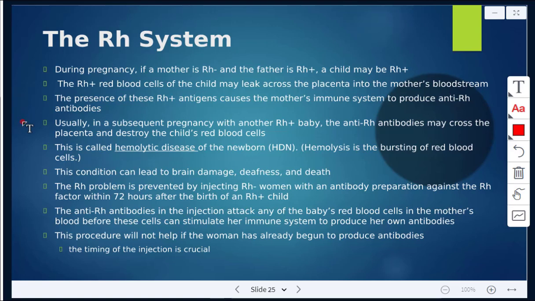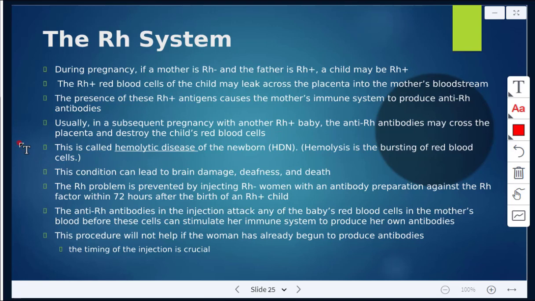So it's usually in the next pregnancy or the subsequent pregnancy with another Rh positive baby, the anti-Rh antibodies may cross the placenta and start destroying the child's red blood cells. And this is called hemolytic disease of the newborn, or HDN.